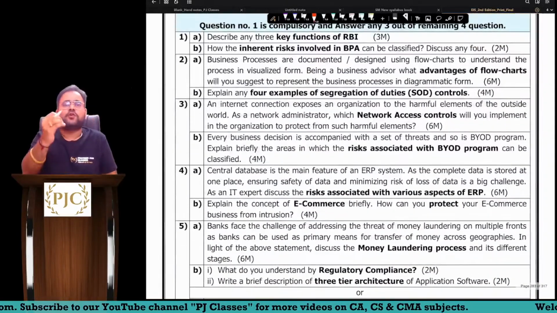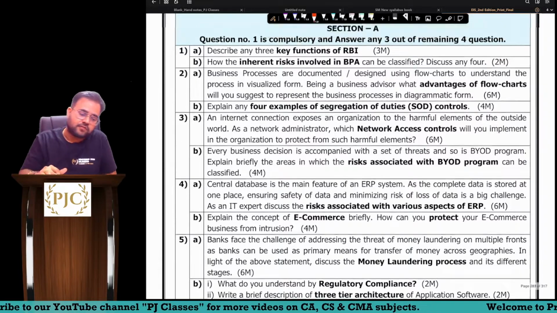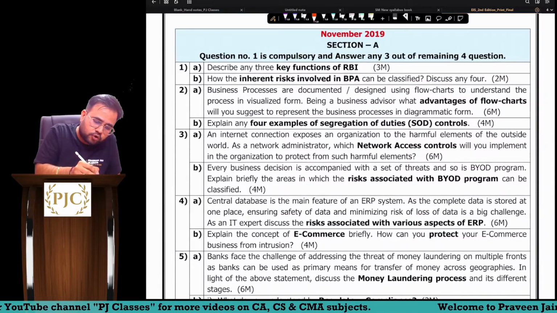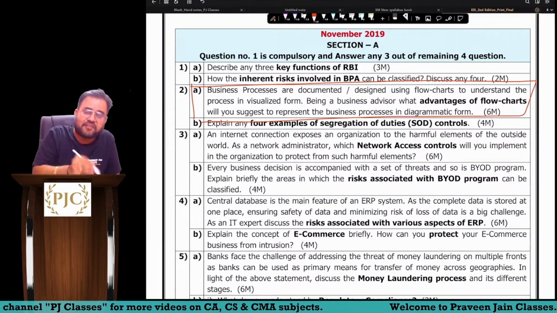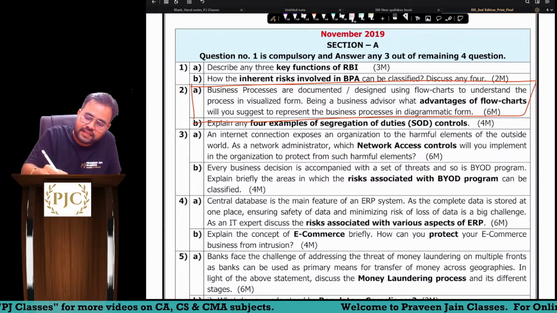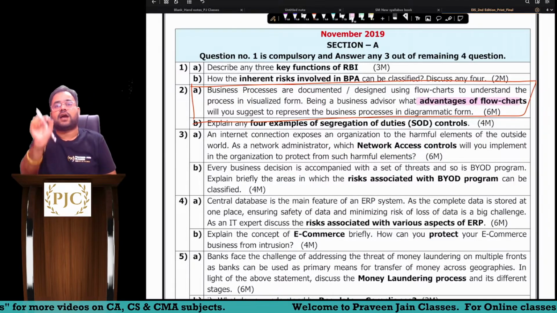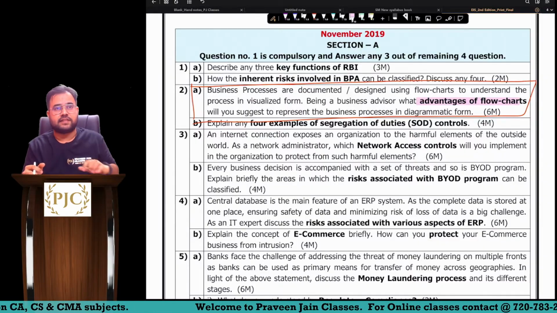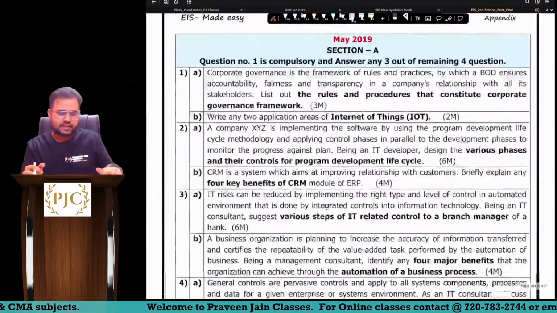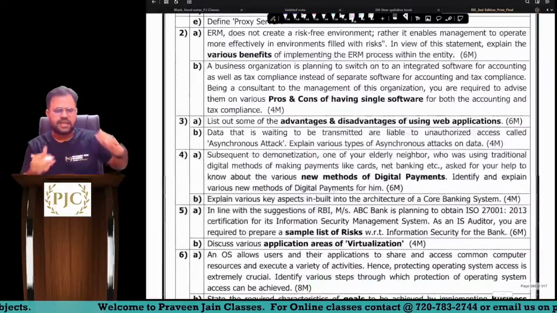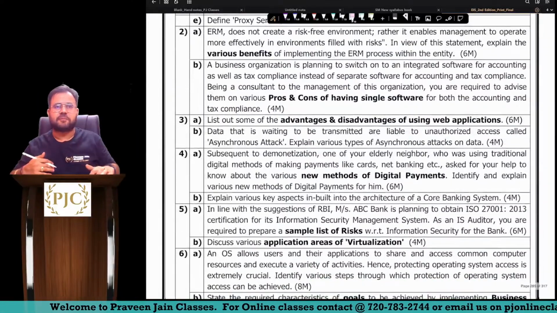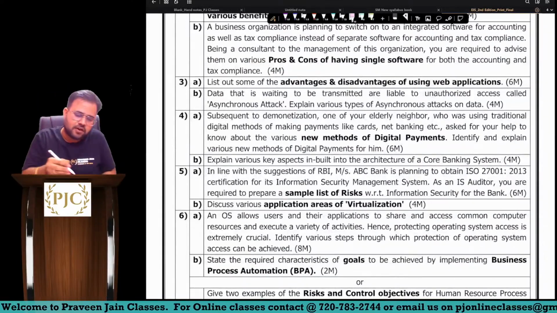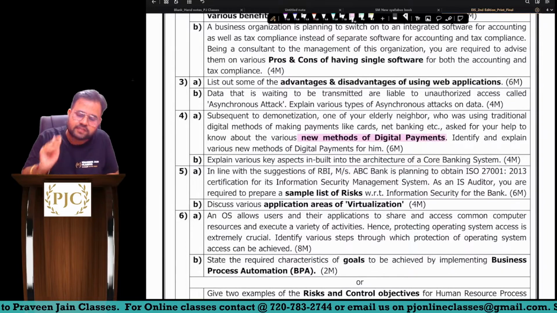And to make your life easy, what I have done is, maybe 2A, a very lengthy question they have asked, but what exactly they want, this is what they exactly want. Advantages of flowchart. This is what I also tell my students in the class. Sometimes in EIS, what ICAI does is they give you a very lengthy question, but in fact that is irrelevant. What exactly they are talking about is this particular part only.